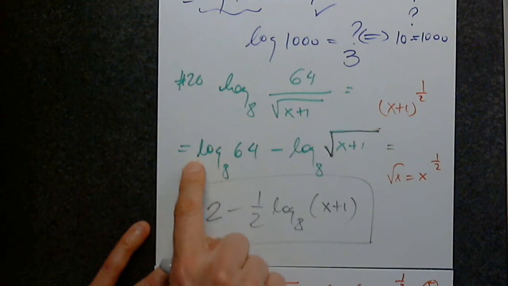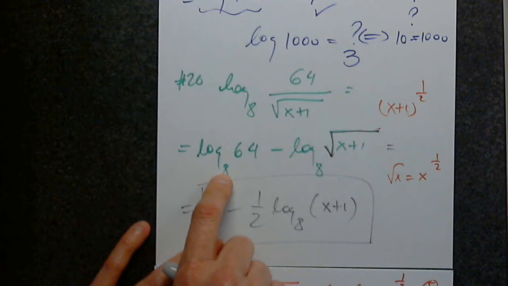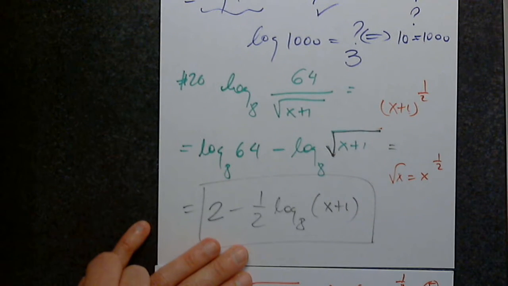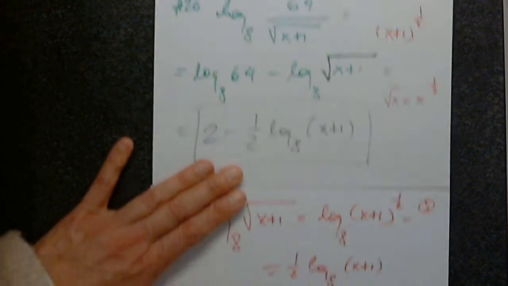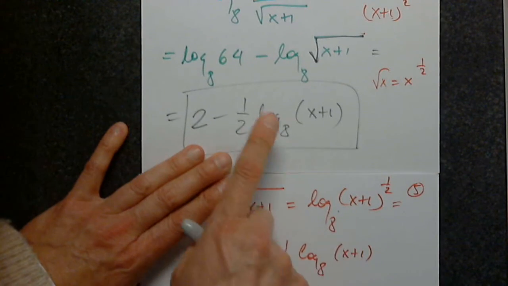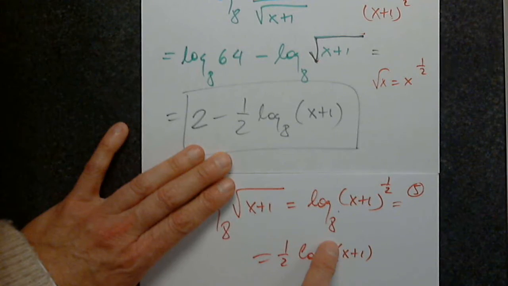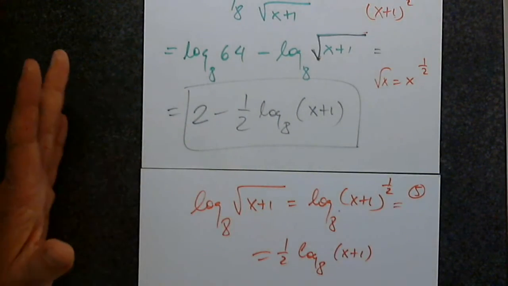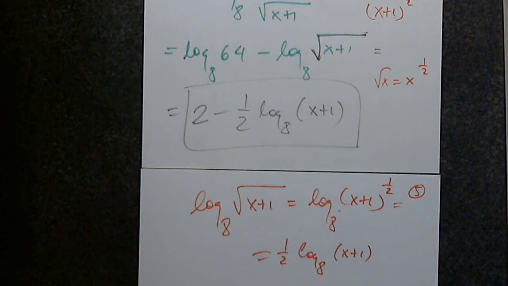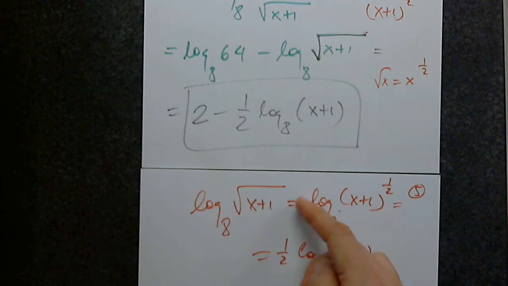I get the first one, that 8 raised to 2 equals 64. That's why you get rid of the 64 and bring down the 2. And then the x plus 1 we rewrote like this. Do we understand that? You have to remember the square root of x plus 1 is x plus 1 to 1/2, and then you can bring the power in front.